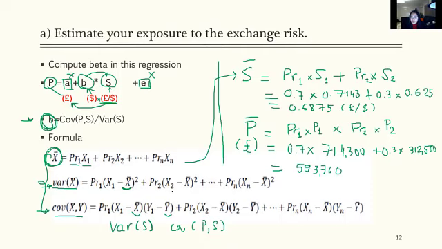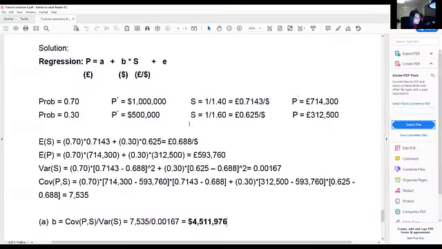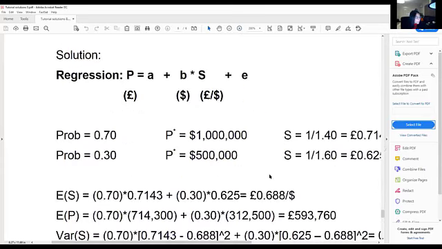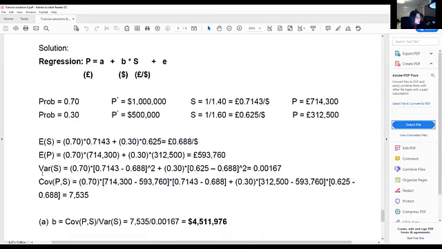So I'm going to share with you the answer. Okay. So this is the answer for our question. So this is what we did before. We have calculated the S bar and the P bar, which is the average value for S and P. And then we're going to use that to compute the variance of S and the covariance of PS. Okay.